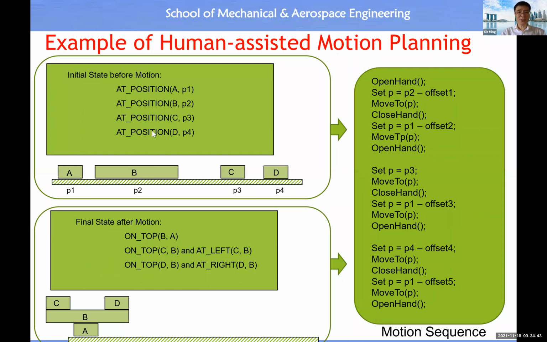So the description will be: part A is at position P1, part B at position P2, part C at position P3, part D at position P4. Then now we want part B to be on top of part A, and part C to be on top of part B, and also part C is at the left end of part B.